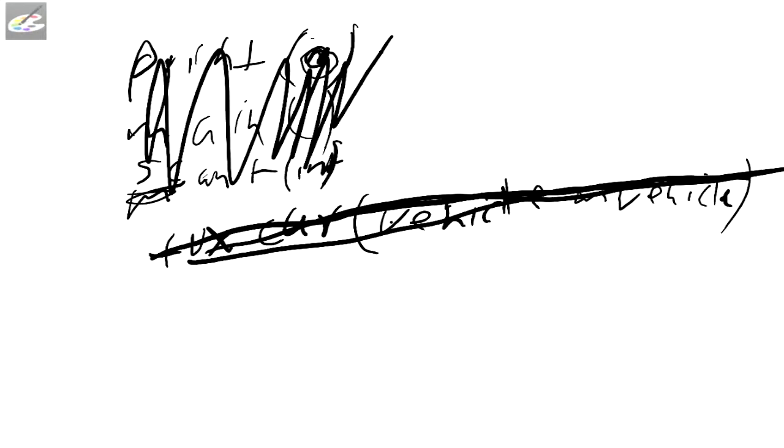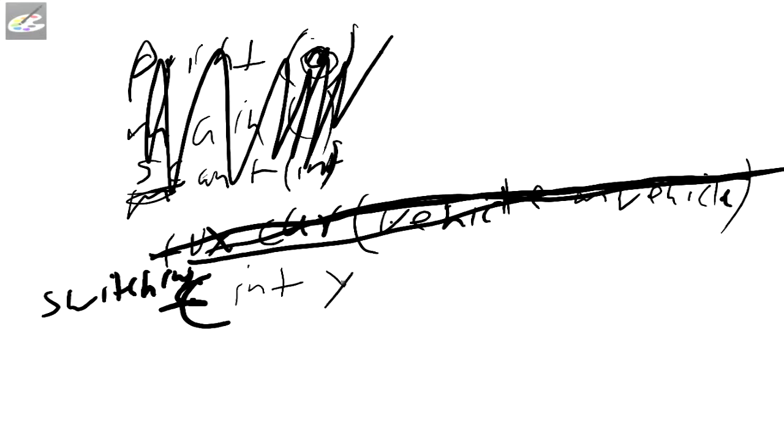So let's say we're just going to do a method that switches variables. Here we're going to say switching, and we take in an int x and an int y.